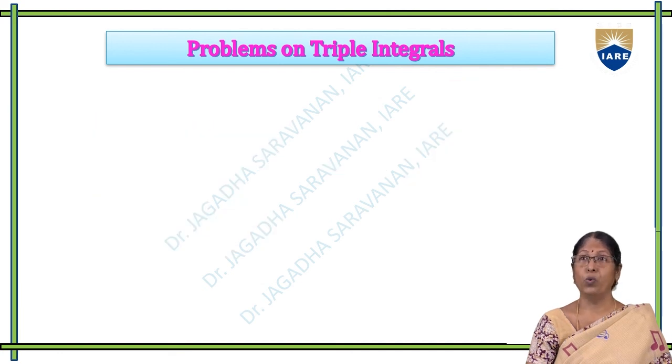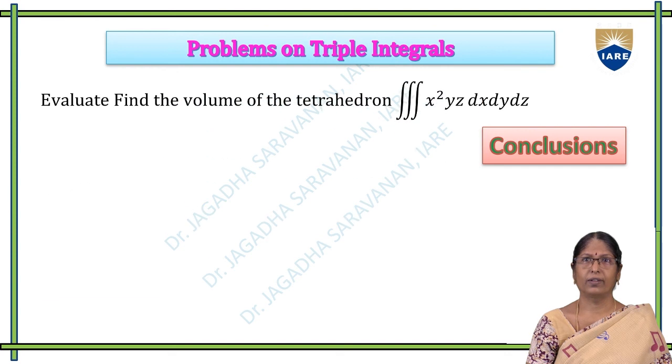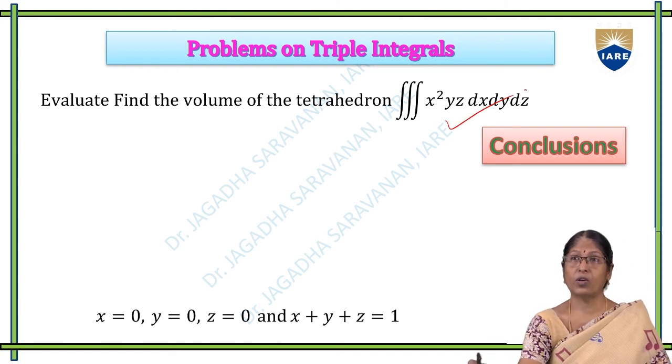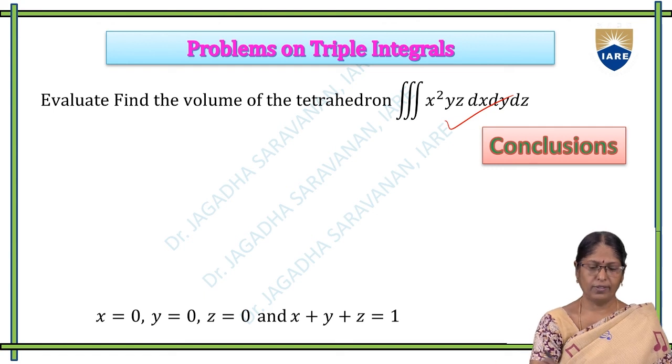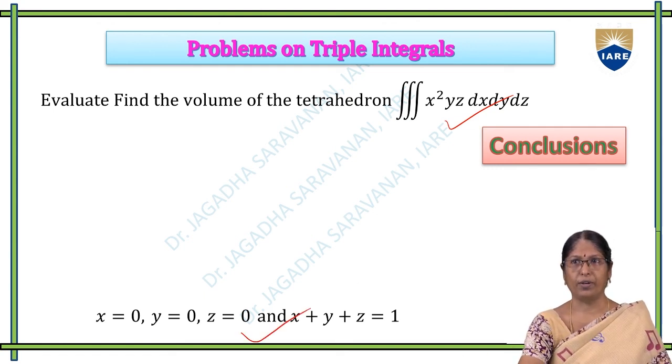Next, we moved to another problem: evaluate over the tetrahedron. That is the geometrical figure, with faces in triangular shape. The function which is given is x squared y z dx dy dz. This is the bounded region given in our question.